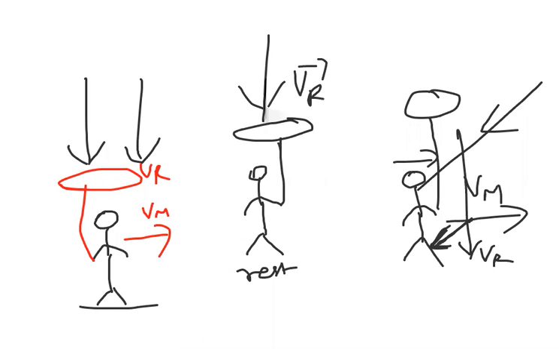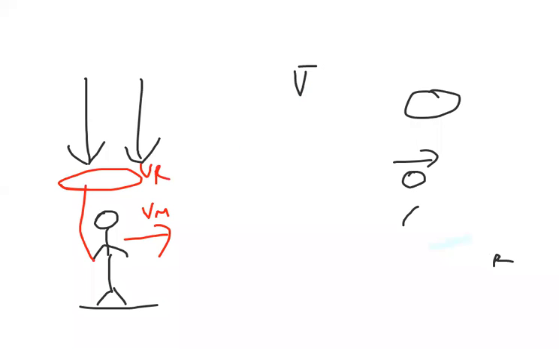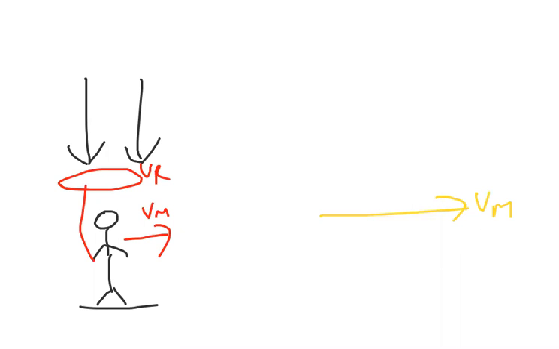The topic we are going to discuss is relative velocity. Because he feels that rain is not falling down now when he is in motion, because his direction Vm is like this and Vr is like that. Just now I showed you that the relative velocity of rain with respect to man is in this direction.